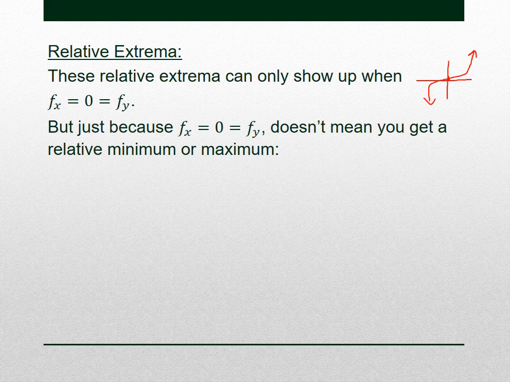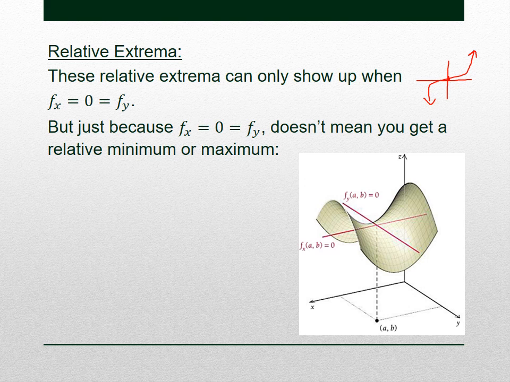So what does that scenario look like for functions of two variables? Well, it looks like this. This point here would have y partial derivative equal to 0. If you travel this way, it looks like that derivative would be equal to 0. And the x partial derivative is equal to 0 too, if you travel this way.